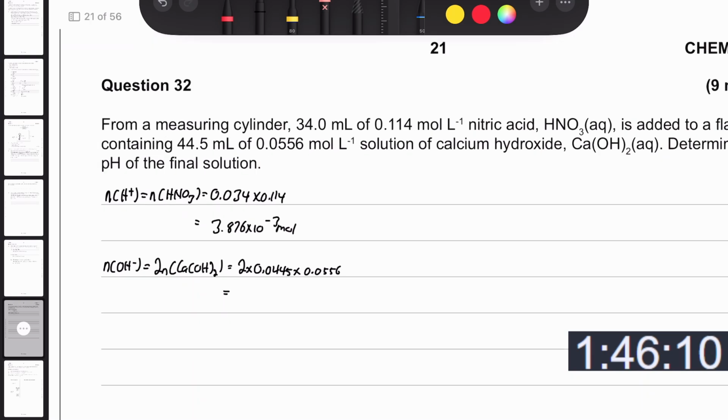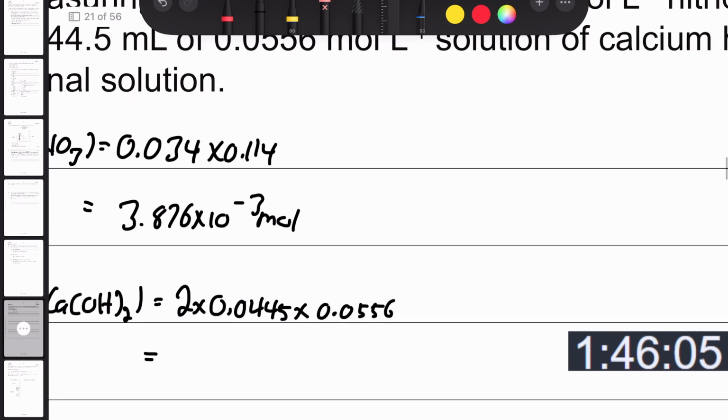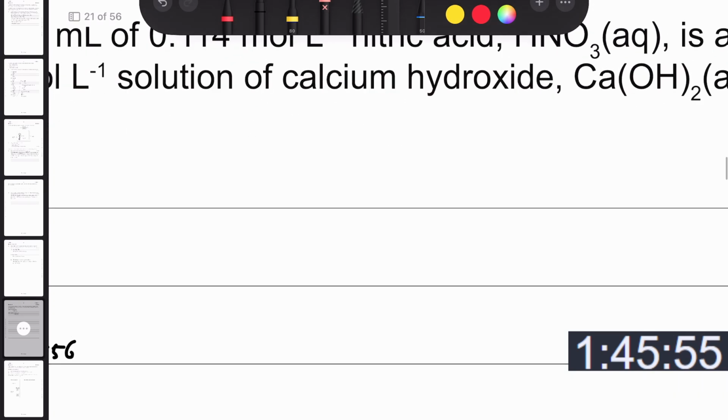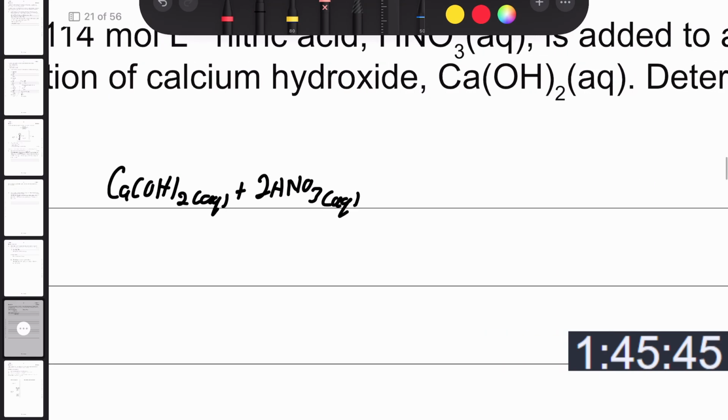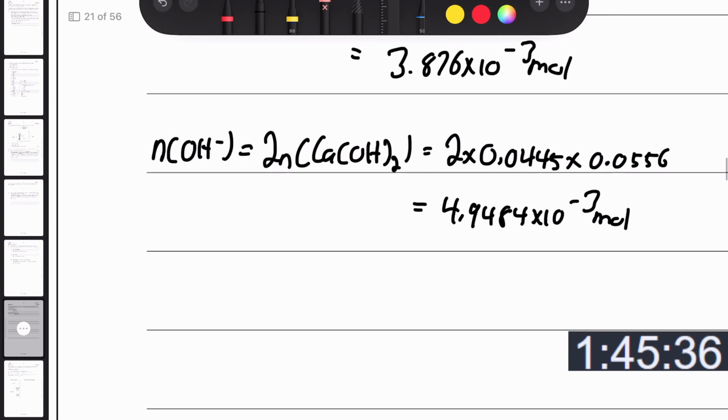Let's make sure everything is looking good. So 0.0445 times 0.0556, so 4.9484 times 10 to the negative 3 mole. Maybe I'll just do the equation. Actually no, I don't need that.